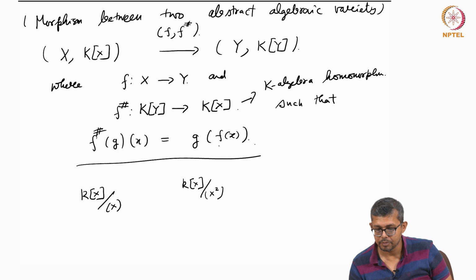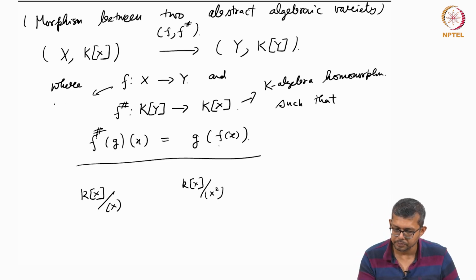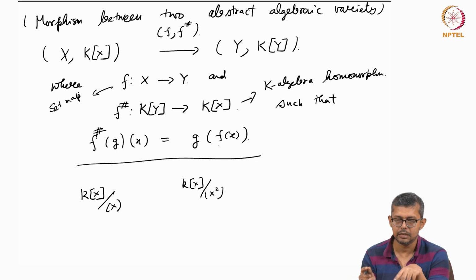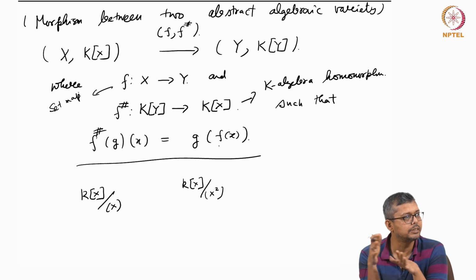This is a set map. I define an abstract algebraic variety as a set and a finitely generated K algebra and some bijection with the maximal ideals with X.